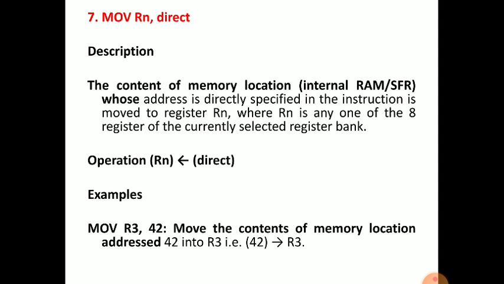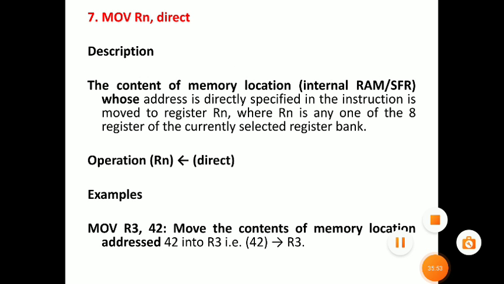The example is MOV R3, 42H. We don't use the hash symbol here because it is not immediate data, it is an address, a direct address. So move the contents of memory location address 42 into R3.